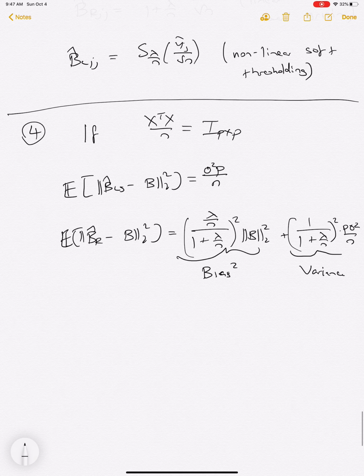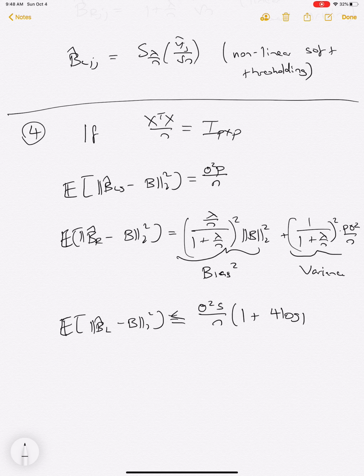And then for the lasso, there we get this sigma squared s over n, but then we get a term that, this isn't a less than or equal to, but it's pretty sharp. So if we assume that beta 0 is less than or equal to s, then we get sigma squared s over n, and then 1 plus 4 log p.